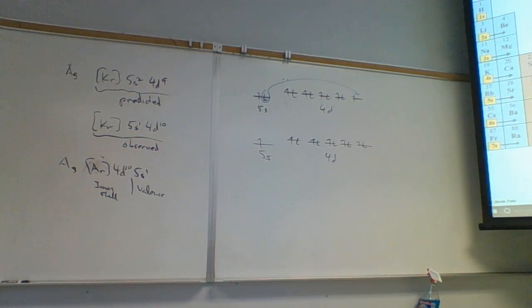So, we have this situation where we're one electron shy of this. And so this is what's predicted, but this is not what's observed. Can you tell me what's observed for copper? What's observed for copper is argon, 4s1, 3d10. And so as far as reactivity goes, this is the way we visualize the reactivity. It would be 3d10, 4s1.